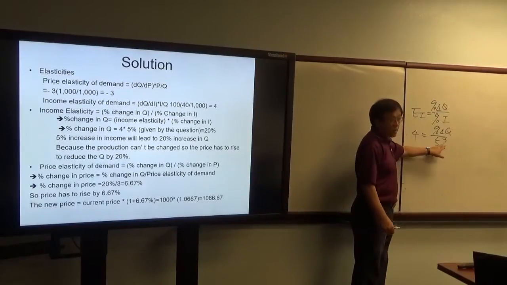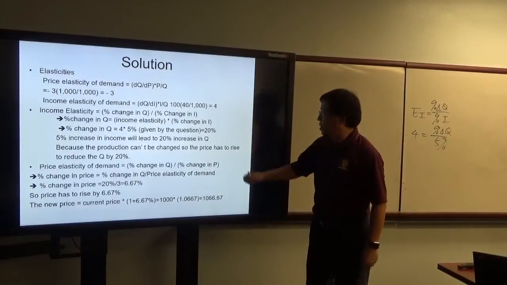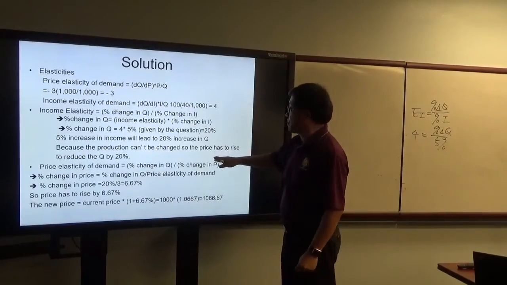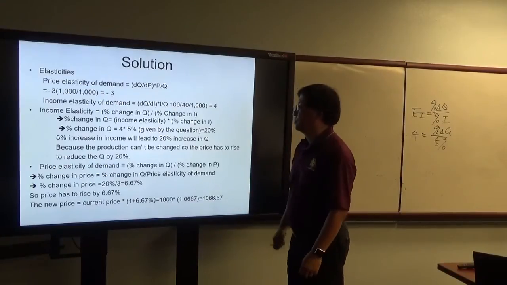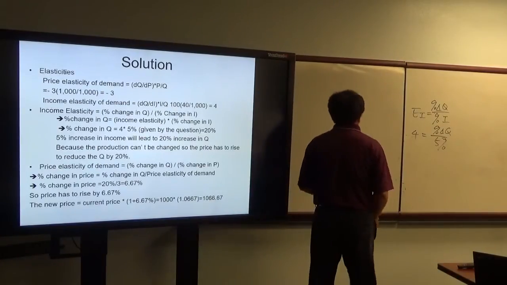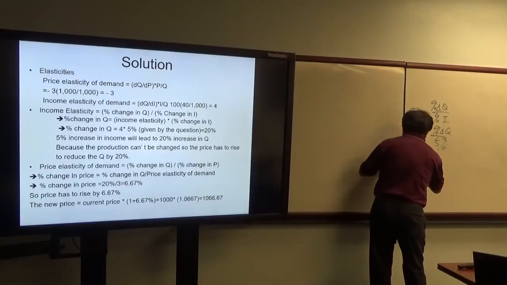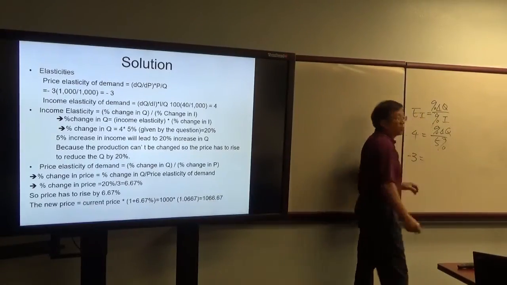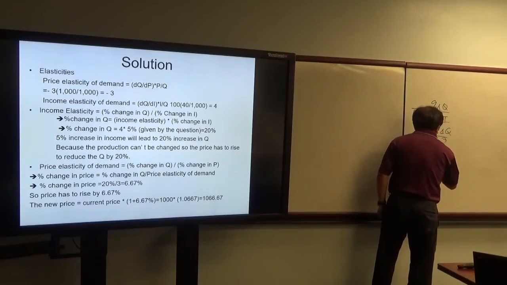Change in income is 5%, so the change in quantity is 20%. Now we go back to the price elasticity of demand, which is -3. It's the percentage change in quantity versus the percentage change in price.